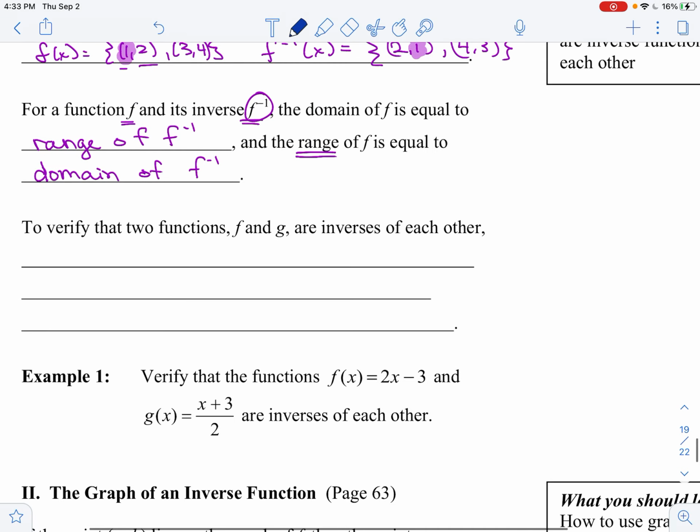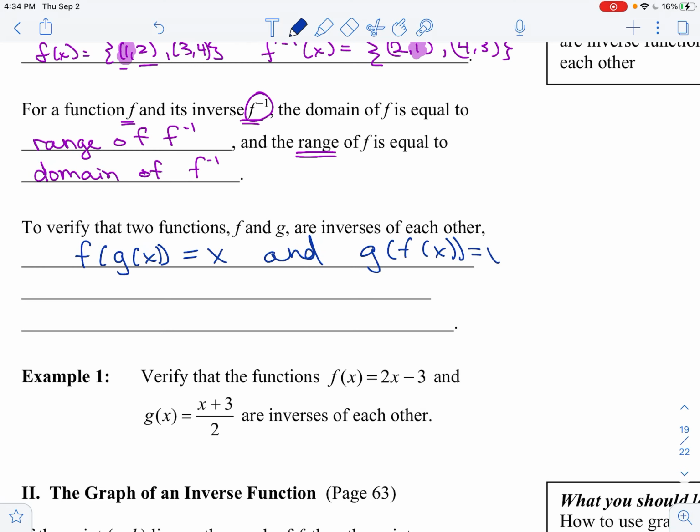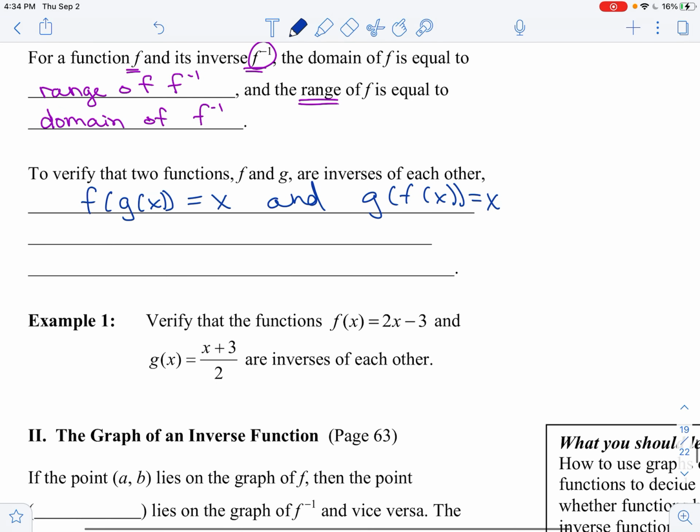And to verify that these two are inverses of each other, we know that if I take the composition of f of g of x and it equals x, and g of f of x equals x, then they're both inverses of each other.